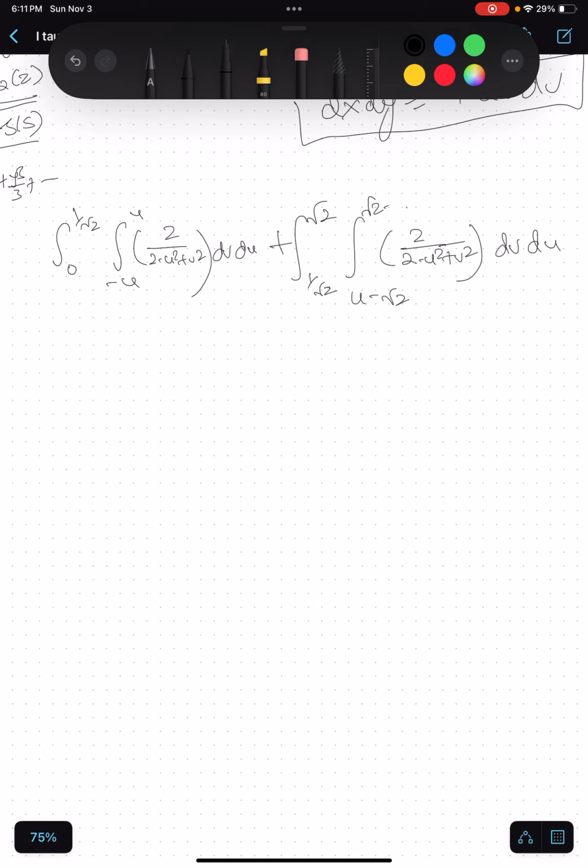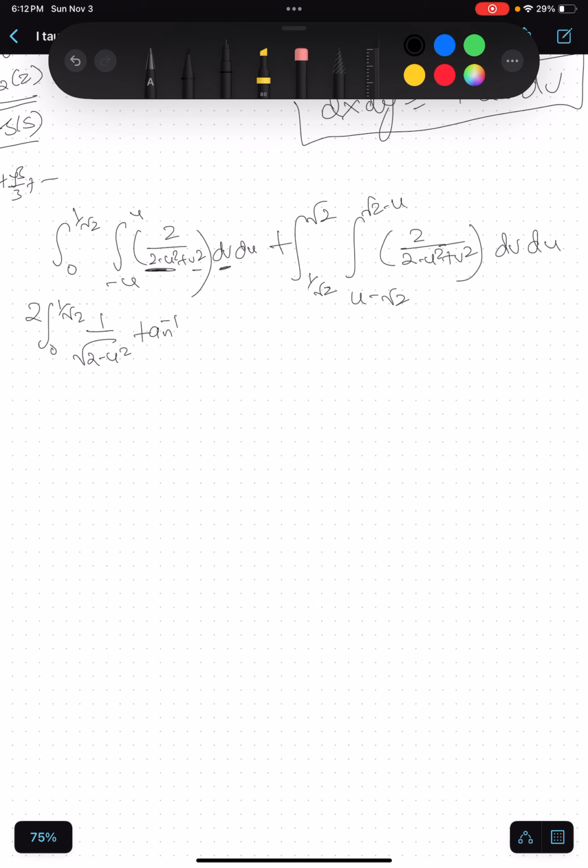Okay, let's do the first one first. This is in terms of db, right? Since this is just b square plus a square, so 1 by a tan inverse. Also notice that since u is less than root 2, we can write it like this, because obviously u is less than root 2 in this domain.